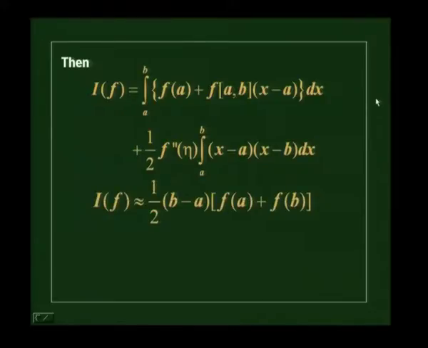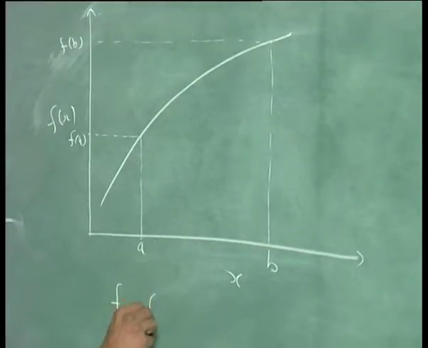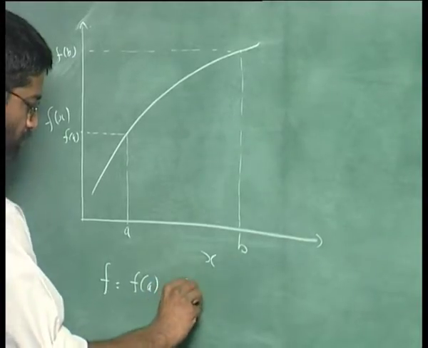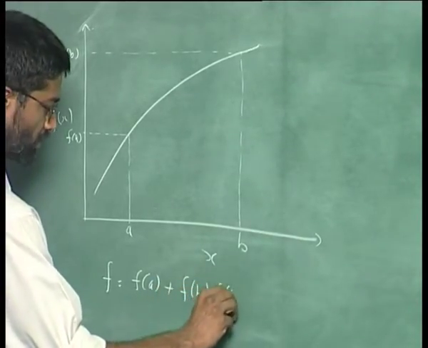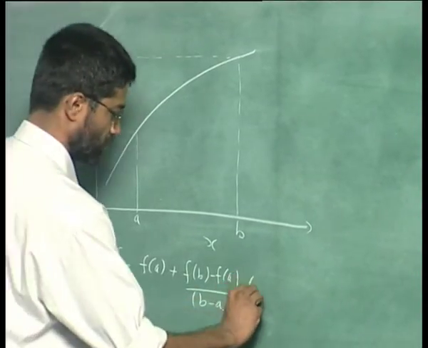That's the polynomial which we have, and then we can write the integral I of f. So the function is now approximated by f of a plus (f of b minus f of a) divided by (b minus a) times (x minus a).